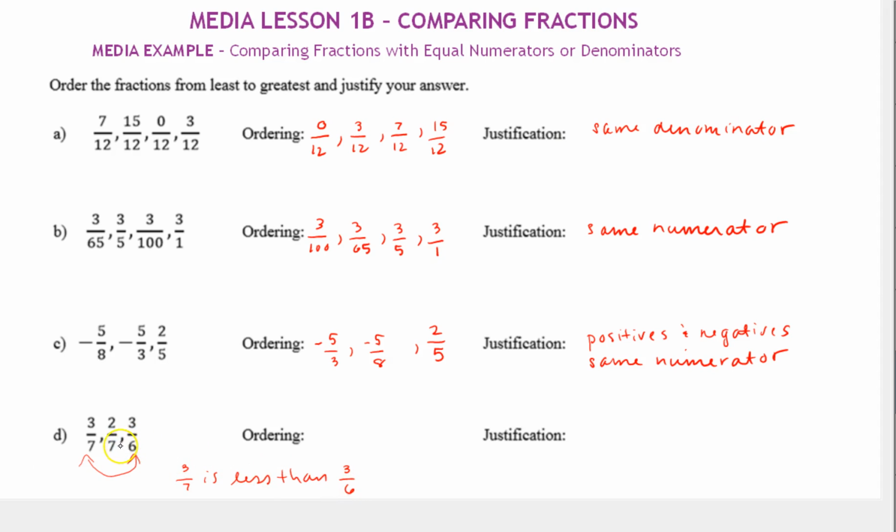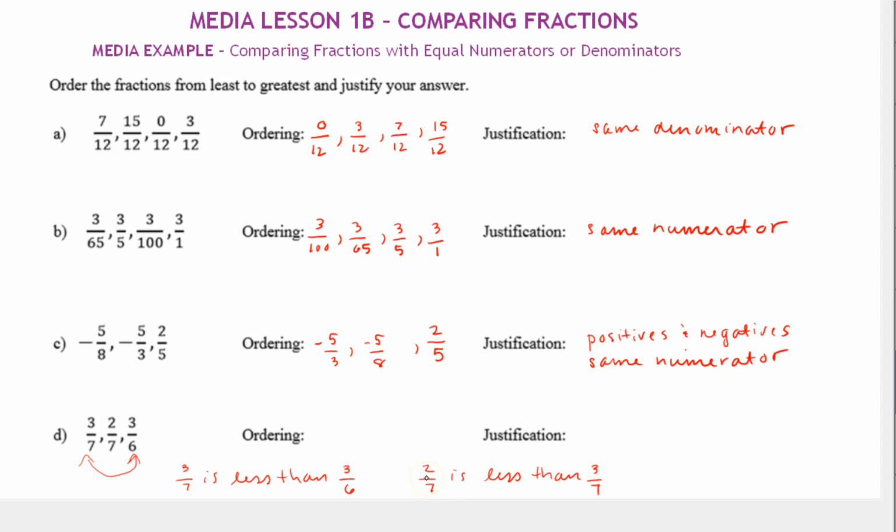Okay, now I still have to deal with 2/7, so I can compare 2/7 to 3/7, and I know 2/7 is less than 3/7 because they have the same denominator, and 2 pieces is less than 3 pieces of the same size.